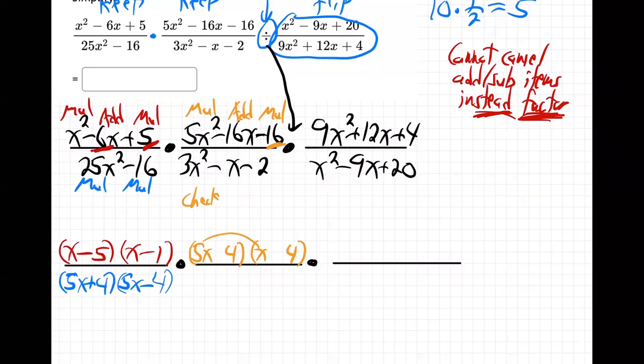I check it, I go boom, boom. It's going to be what? 5x squared, 20x, and then boom, boom. 4x, and 16. Now, can the 2 in the middle make minus 16? Sign in the middle goes on the bigger. Minus 20 plus 4. That's correct, right? If you lose $20 and you gain back 4, you lost $16.